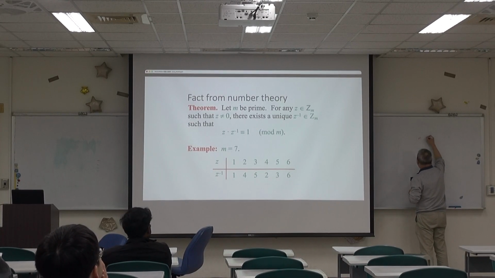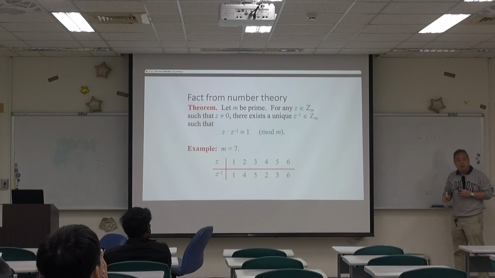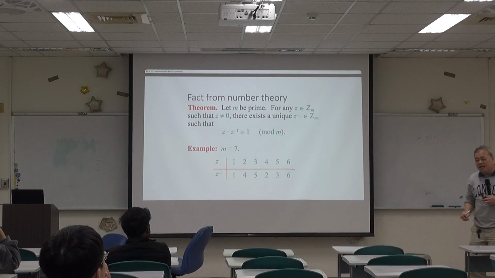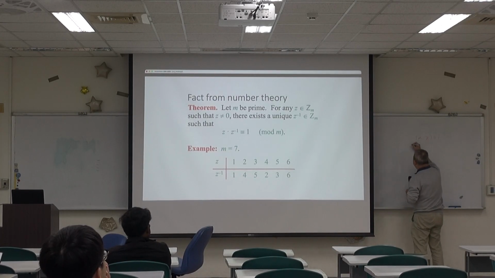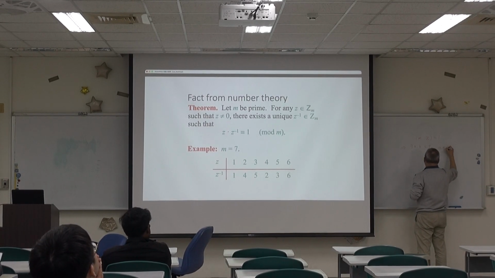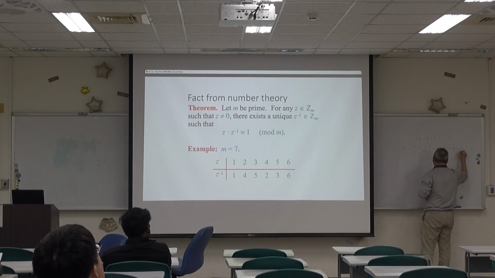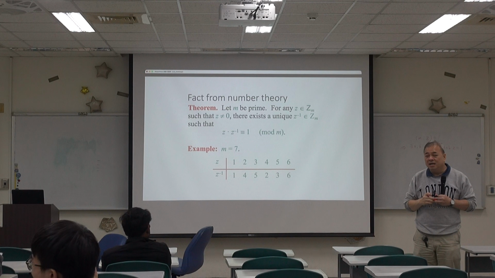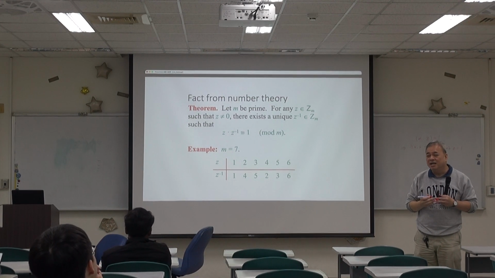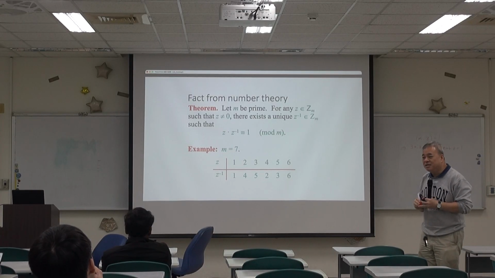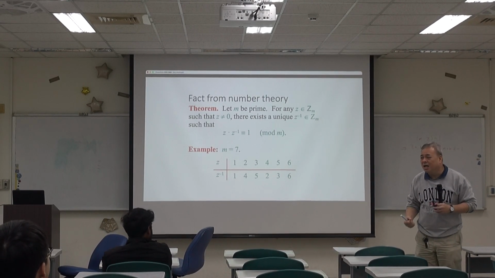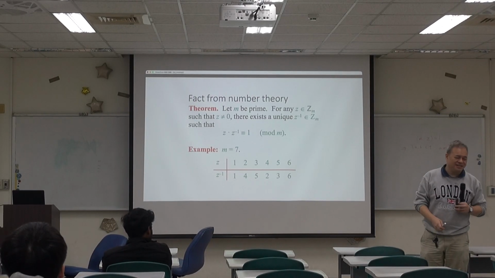If n and z are relatively prime, then there exist a and b such that a times n plus b times z equals 1. Do you remember this?